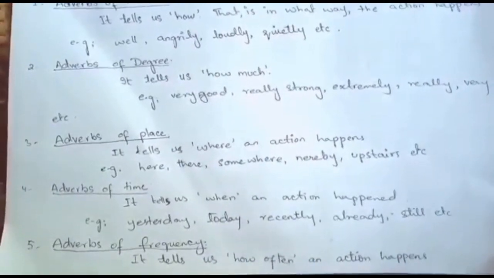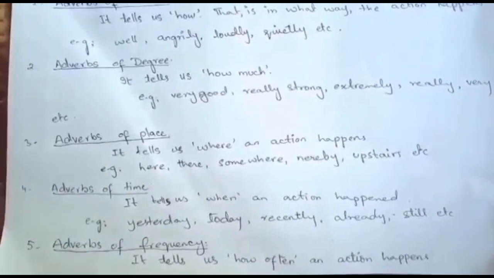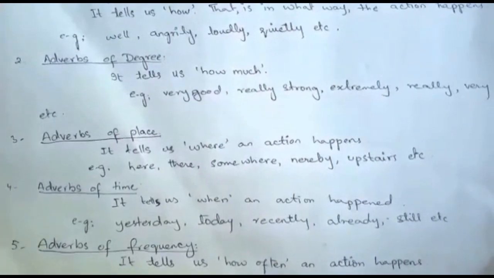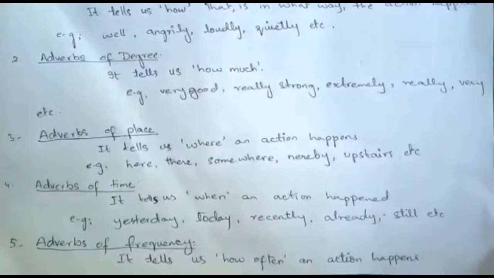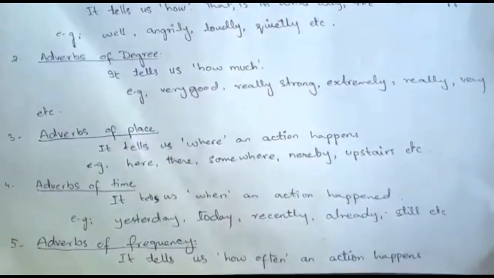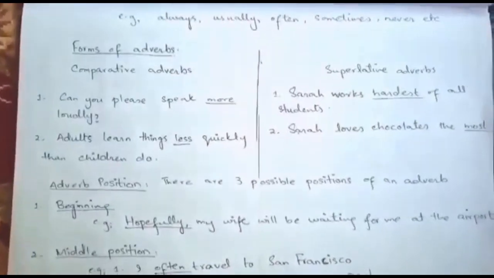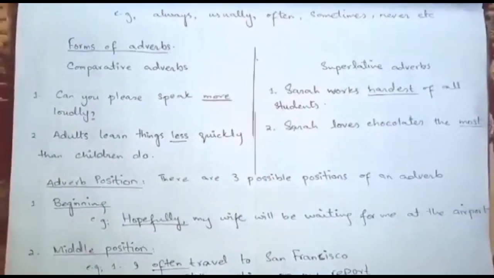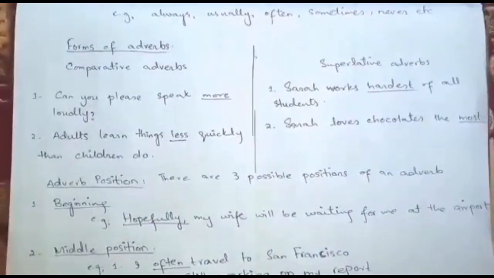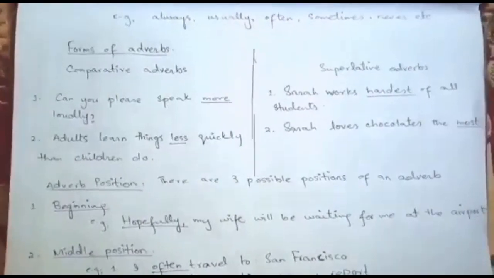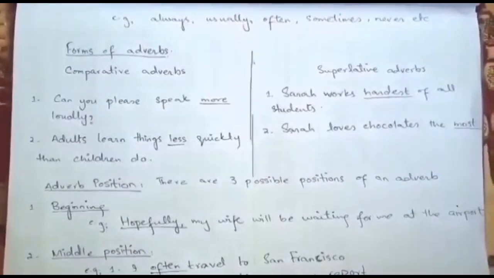Number 5, adverbs of frequency. So what is an adverb of frequency? It tells us how often an action happens or how many times an action happens. For instance, always, usually, often, sometimes, never, etc. So these are the clue words of adverbs of frequency.